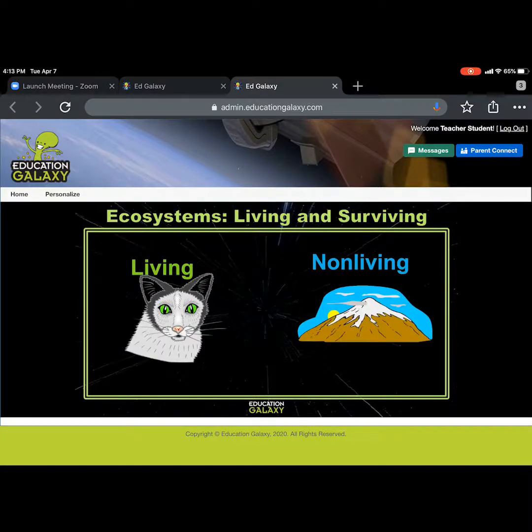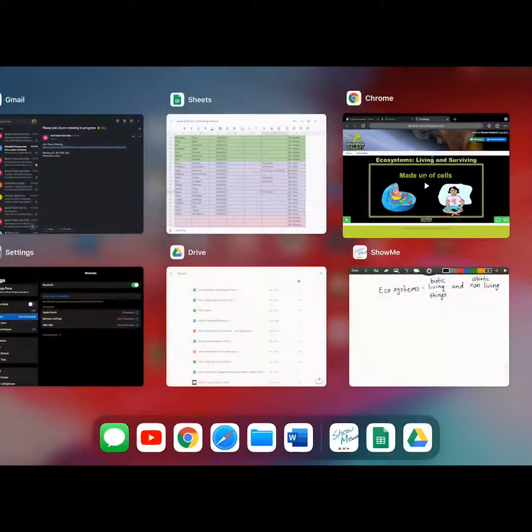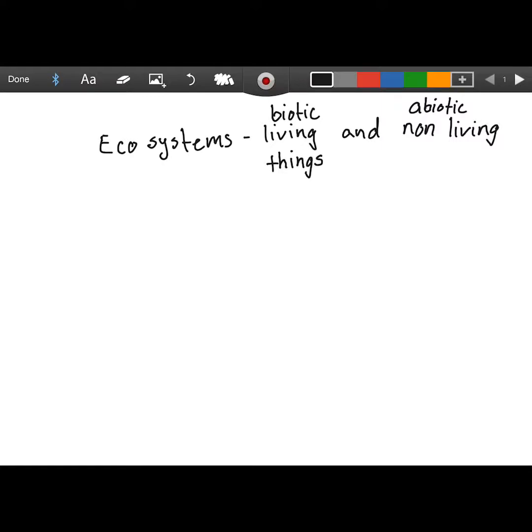Most of the time, it is really easy to tell whether something is alive or not, but sometimes it's more difficult. So we have come up with some specific characteristics to help us recognize if something is living or non-living. All living things are made up of cells. They can be single cells or big multicellular organisms like you, most animals, and most plants that you think of every day. Okay, I think that's worthwhile to take notes for.